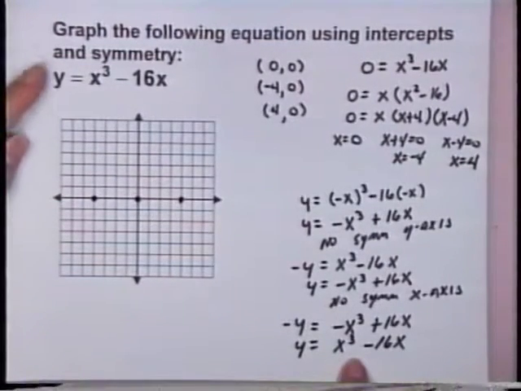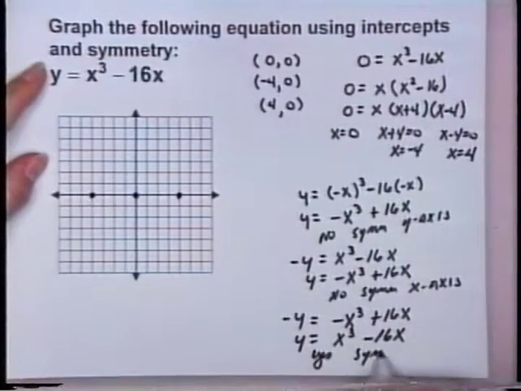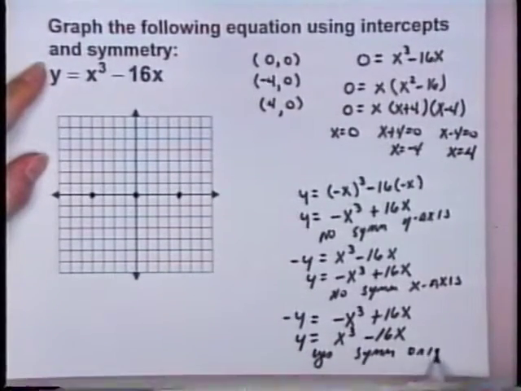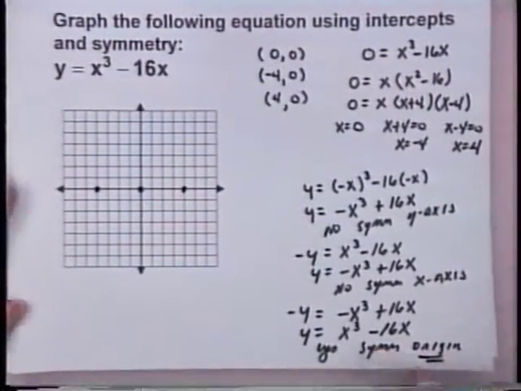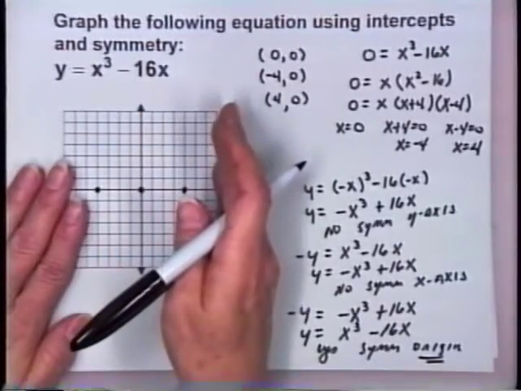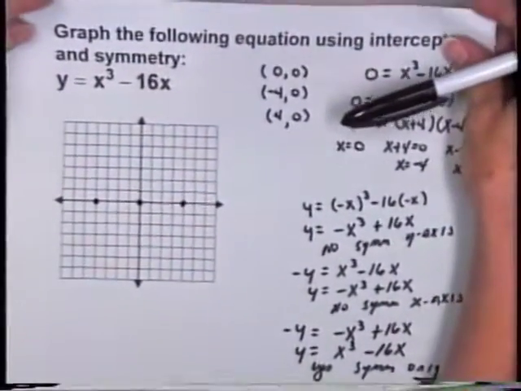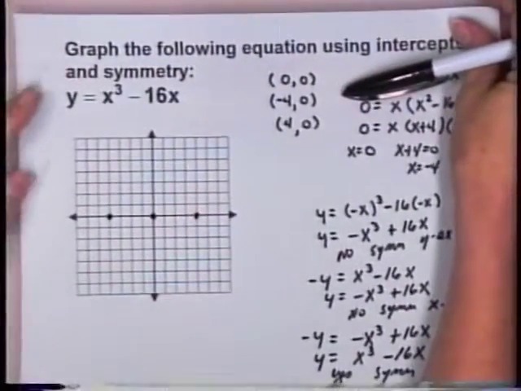Is this equation the same as this one? Yes, it is. We have symmetry to the origin. Now, what that tells me then is if I just graph, say, for positive values of x, if we have symmetry to the origin, remember all we do is we change the sign of both the x and the y.